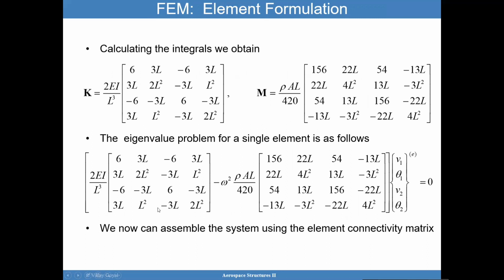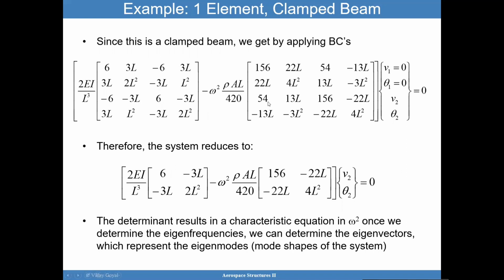If I take the domain of a clamped beam and turn it into a single element, I get a mass matrix and a stiffness matrix. I can plug in the boundary conditions. In this case, the deflection at node 1 is 0. The slope at that node is 0. You can then show that the system reduces to these equations here because V1 and theta 1 are 0. So you can simplify it further, and you get this as a consequence.